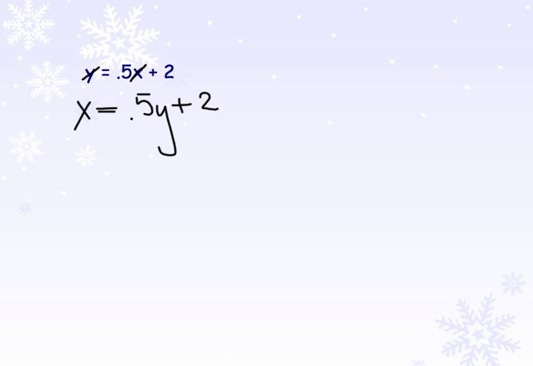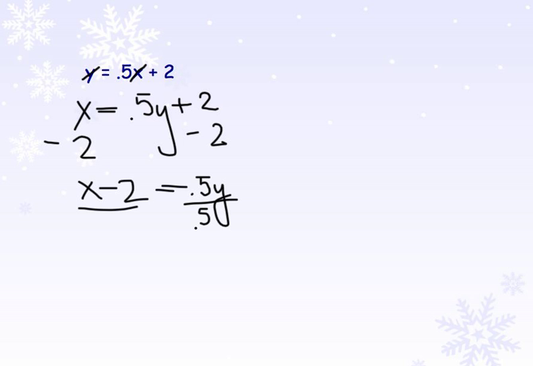And now we're going to rewrite it as a y-equal equation. So we're going to subtract 2 from both sides. So you're going to get x minus 2 is equal to 0.5y. And then to undo the 0.5, we're going to divide both sides by 0.5. So when I divide both sides by 0.5, that's really the same thing as multiplying by 2.